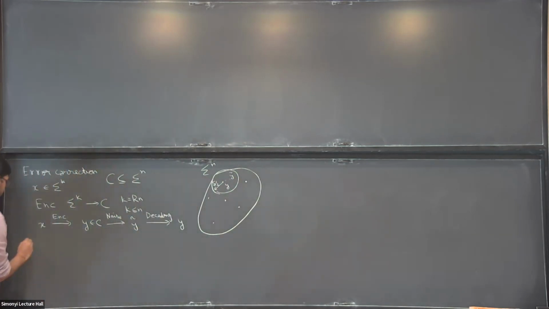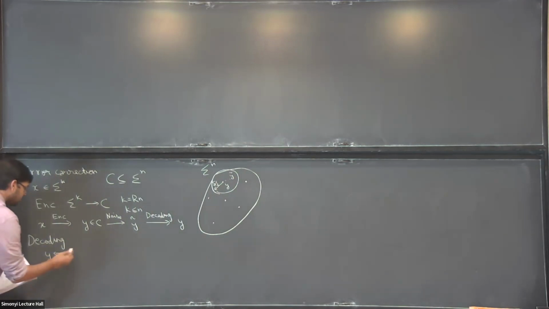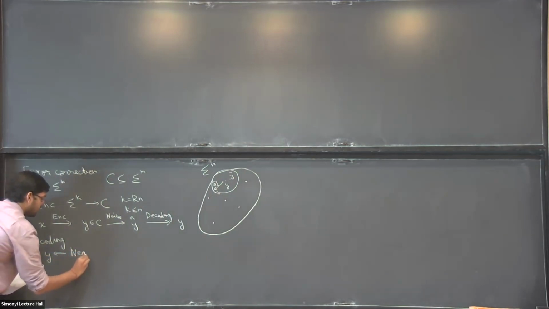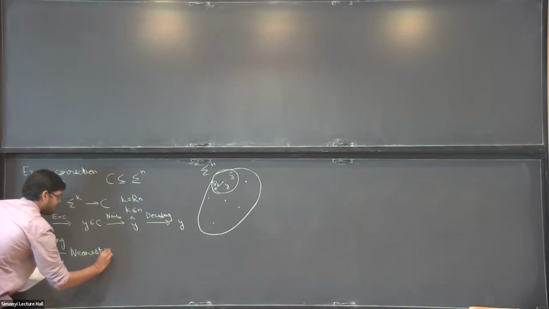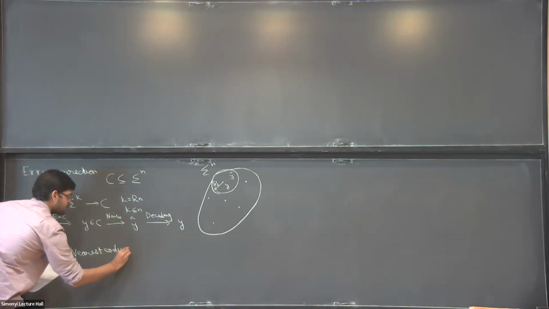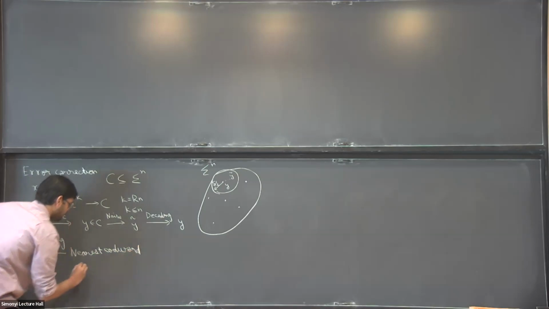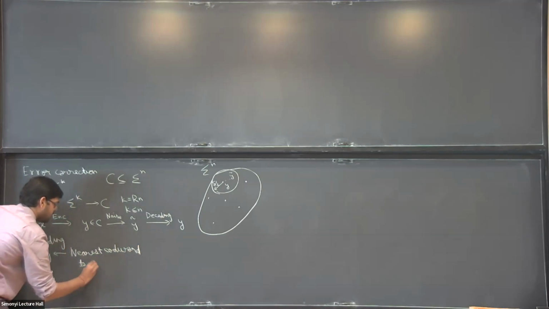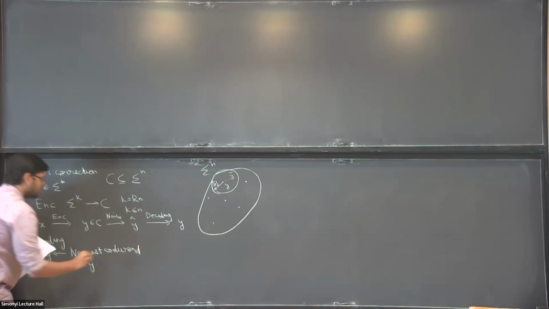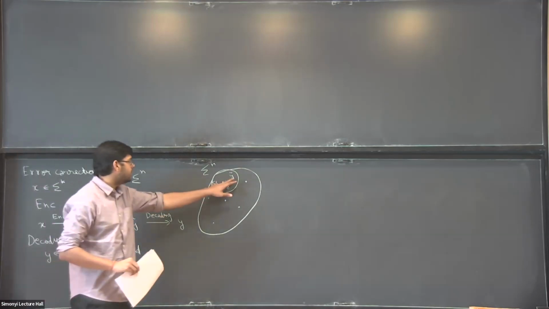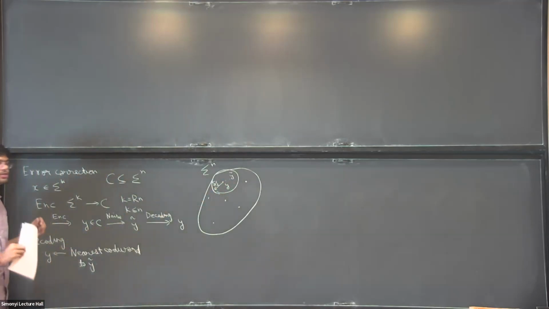So what would be the decoding mechanism? We look at y tilde here and assign y to be the nearest code word to y tilde.